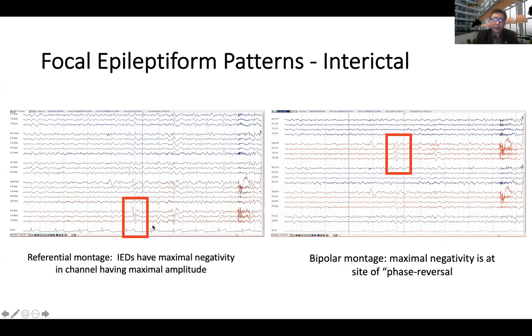On the left-hand side is the referential montage, where the IED shows maximum negativity in the channel having the maximum amplitude. On the right-hand side is a bipolar montage, where the IED shows maximum negativity at the site of the phase reversal.